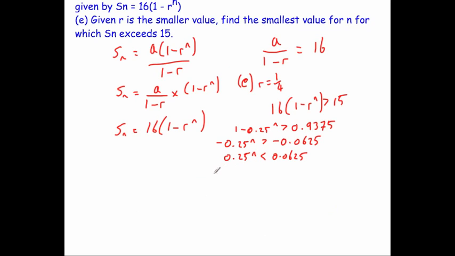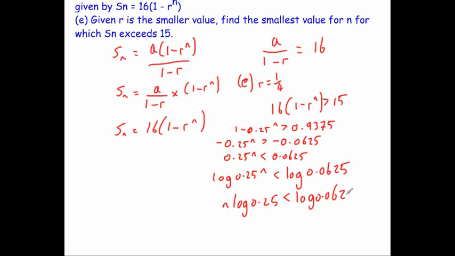So if I take the log of both sides, that would give me log of 0.25 to the power of n is smaller than the log of 0.0625. I'm going to bring the n down, so that'll be n log 0.25 is smaller than the log of 0.0625. Now we're going to divide by log 0.25.